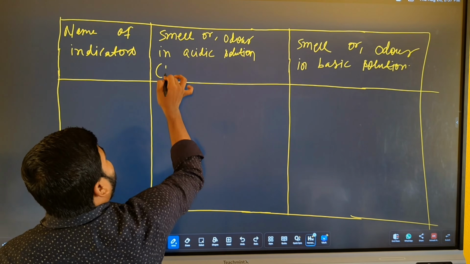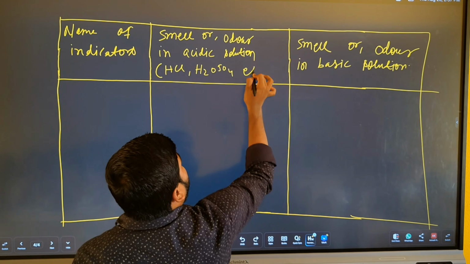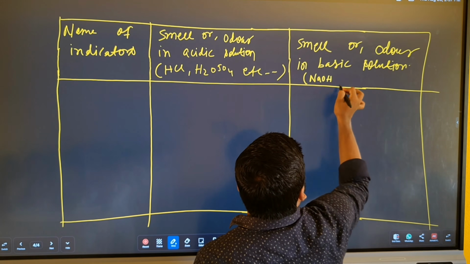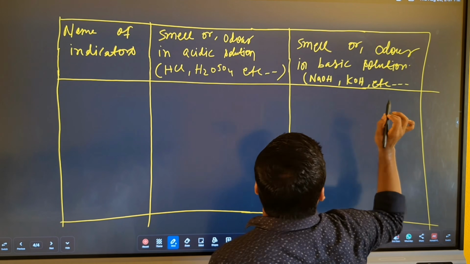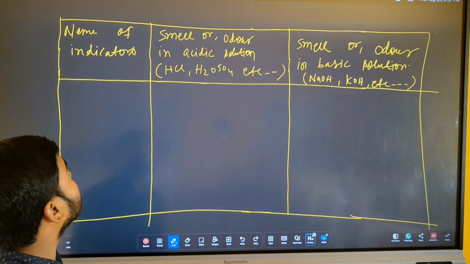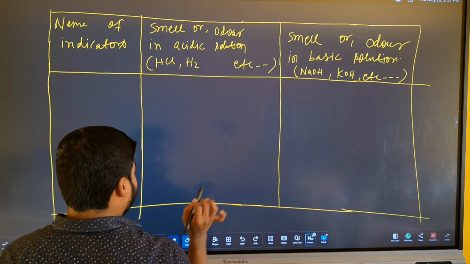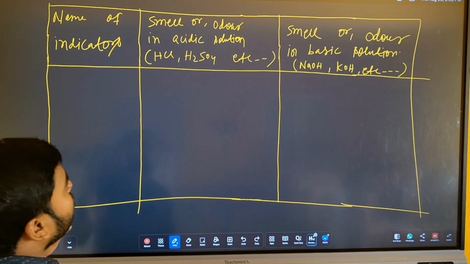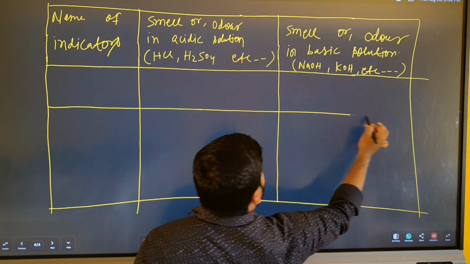You can take the example HCl, H2SO4, etc., and for bases NaOH, KOH, etc. Sorry, it's H2SO4, by mistake I had written it wrongly. So the first indicator we are using is onion.